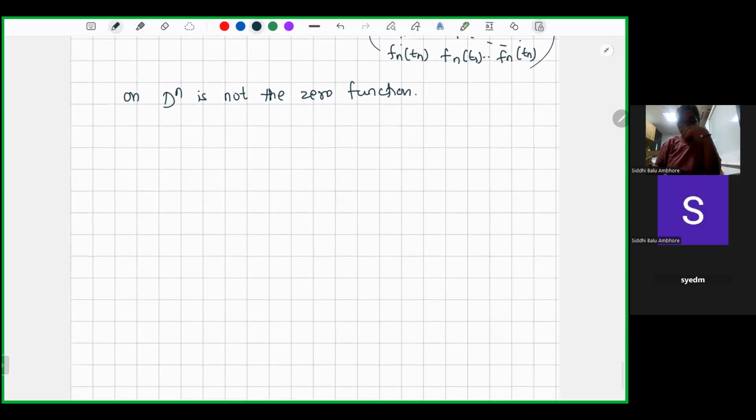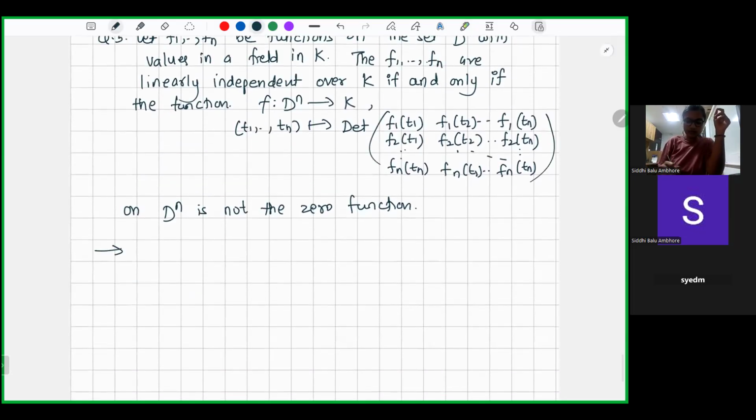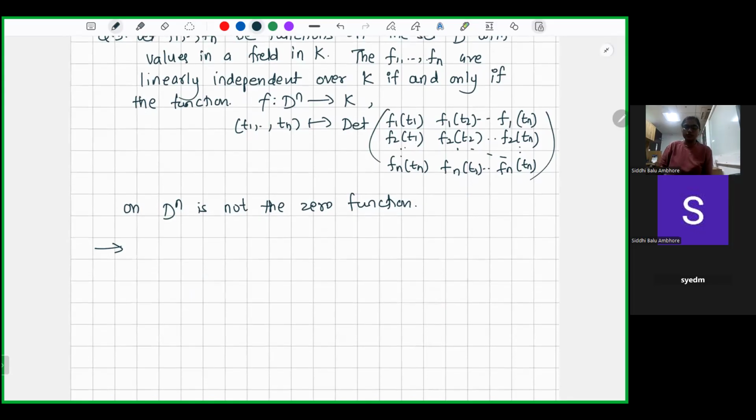So we have to prove this. It is an if and only if statement, so we have to prove both sides. Let us start with the proof.